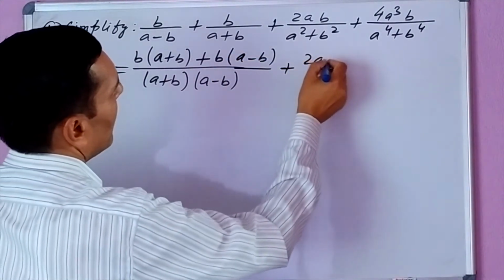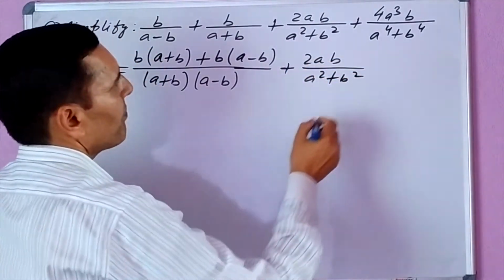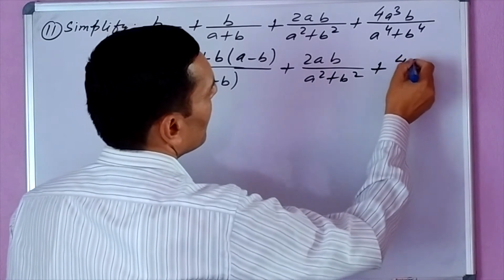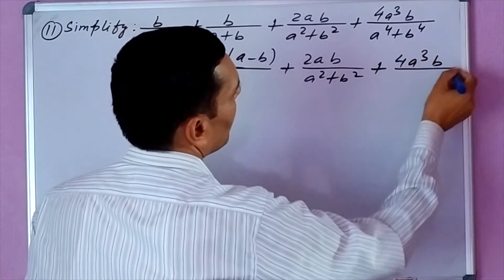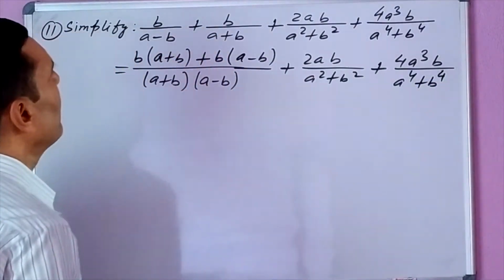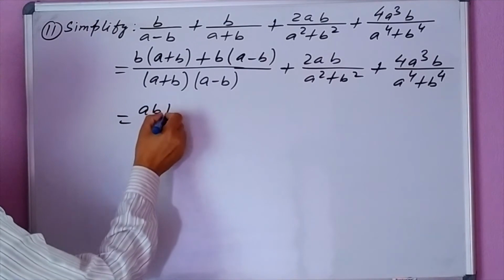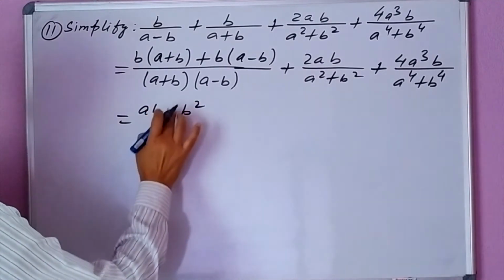And this 2ab upon a square plus b square, third term, and 4a cube b upon a power 4 plus b power 4, we write as it is. Now we open the bracket here: a into b, ab, plus b into b, b square.